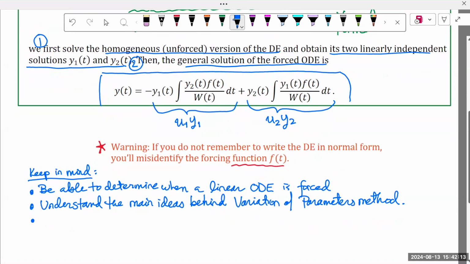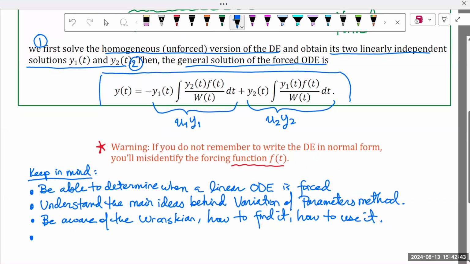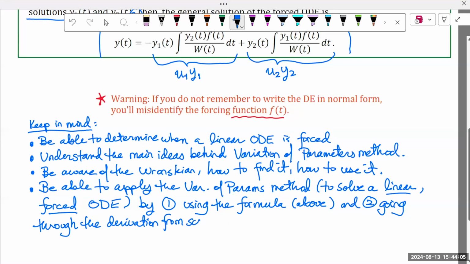Be aware of the Wronskian and how to find it and how to make use of it. And finally, make sure that you can apply the variation of parameters method to a linear forced second order ODE by both using the formula and by going through the derivation from scratch.